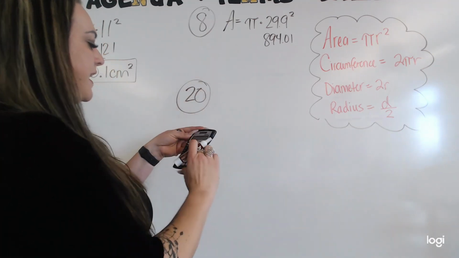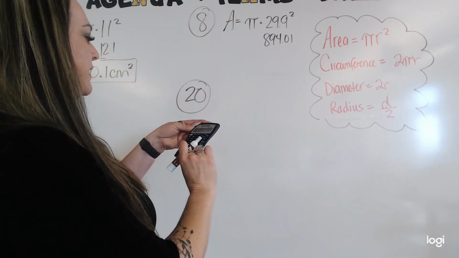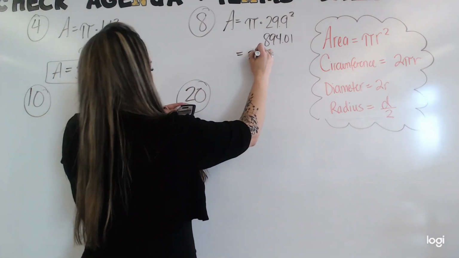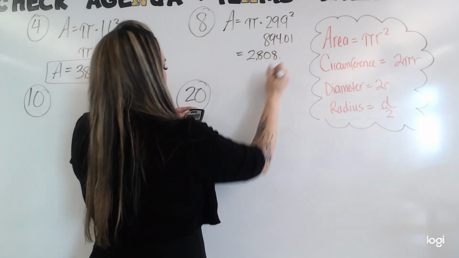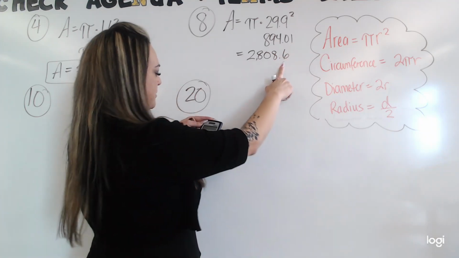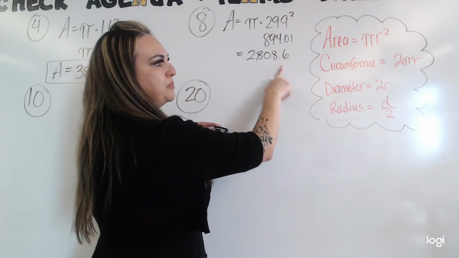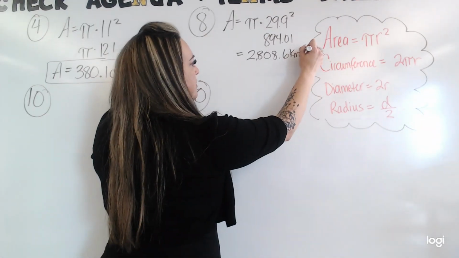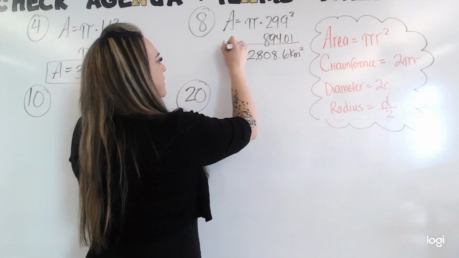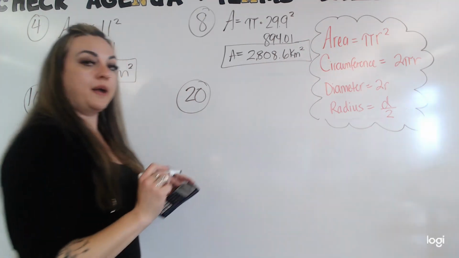Then I take that times pi, and we get 2,808.6 is what it rounds to in the tenths place, and the unit of measurement is kilometers, so we put kilometers squared. And that's the area.